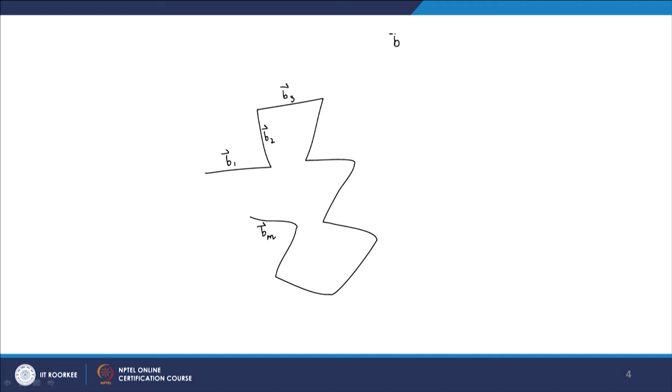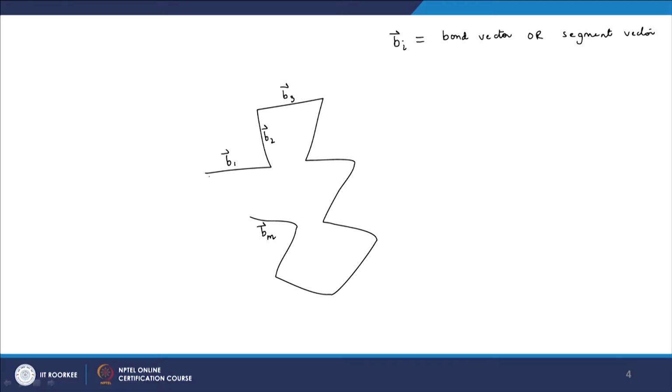Then Bi is what I refer to as a bond vector or segment vector. This, by the way, is not a carbon-carbon bond. This bond vector represents a sequence of carbons, after which the positions become uncorrelated.